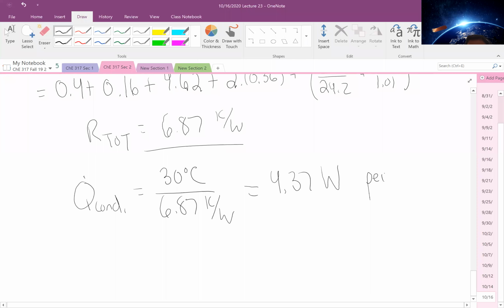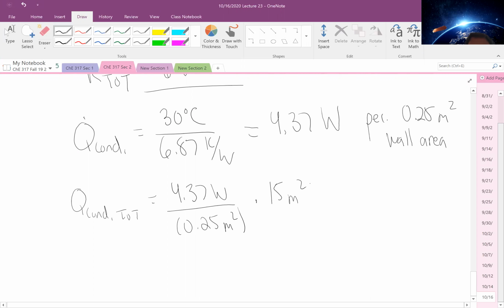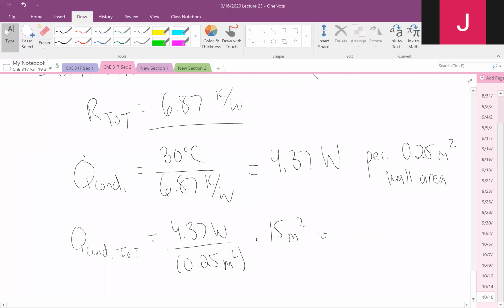Now this is per that 0.25 square meter wall area. To find the total Q, you just simply got to multiply that area, and correct for your basis, because it's really 4.37 watts per 0.25 square meters of wall, and the total wall is 15. Dr. Lopez, isn't the term for the total resistance in kelvins per watt, so we'd have to correct the temperature term for that?